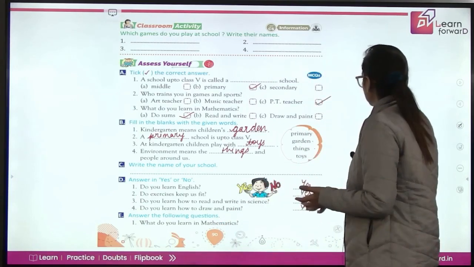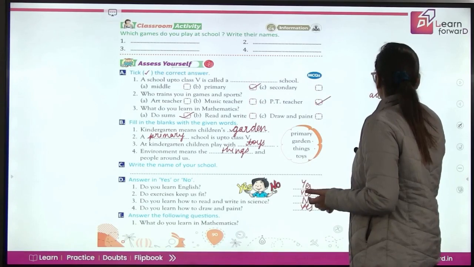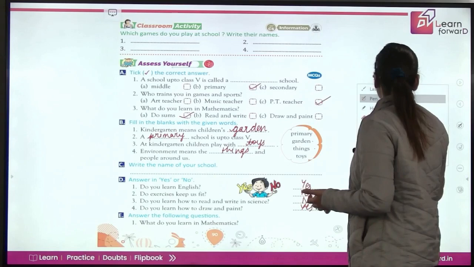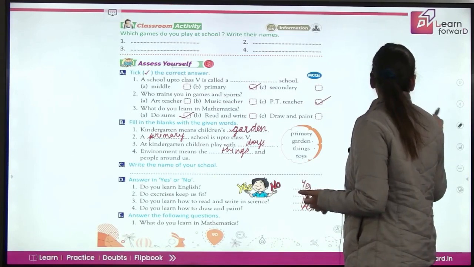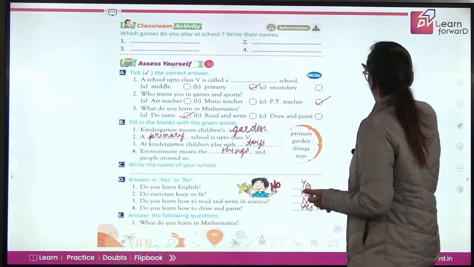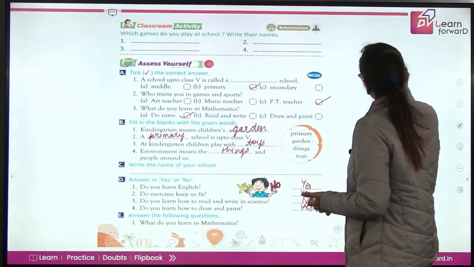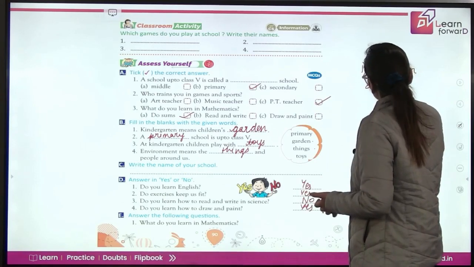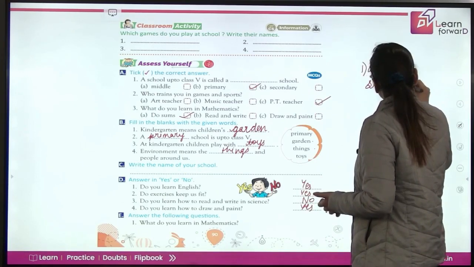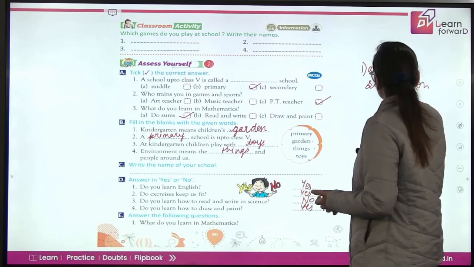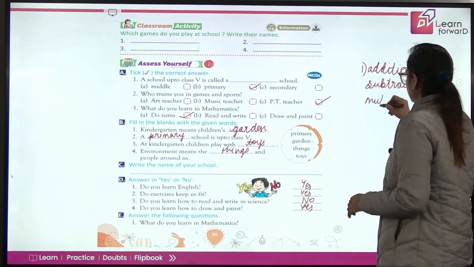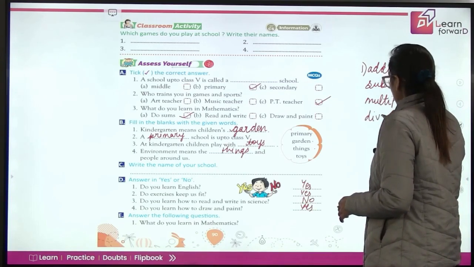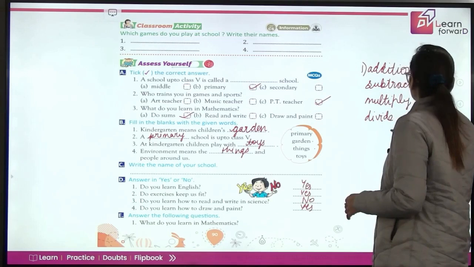I'm going to write here addition, subtraction, multiplication, or multiply or divide. So these are the four things which we learn to do in mathematics.